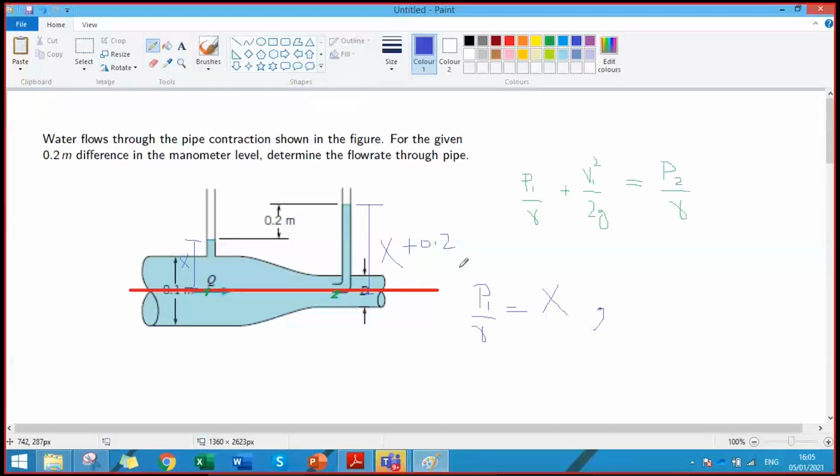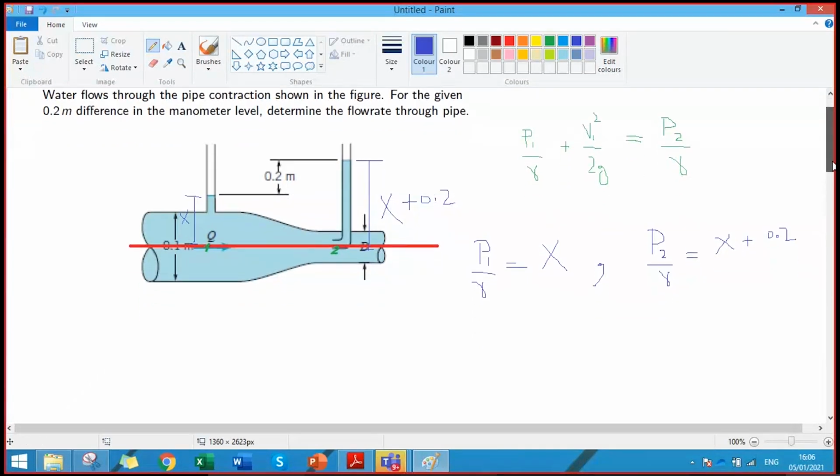Yes, sir. And this would be equivalent to P2 by gamma. So it is X plus 0.2. So basically V1 square by 2g equals 0.2, right?